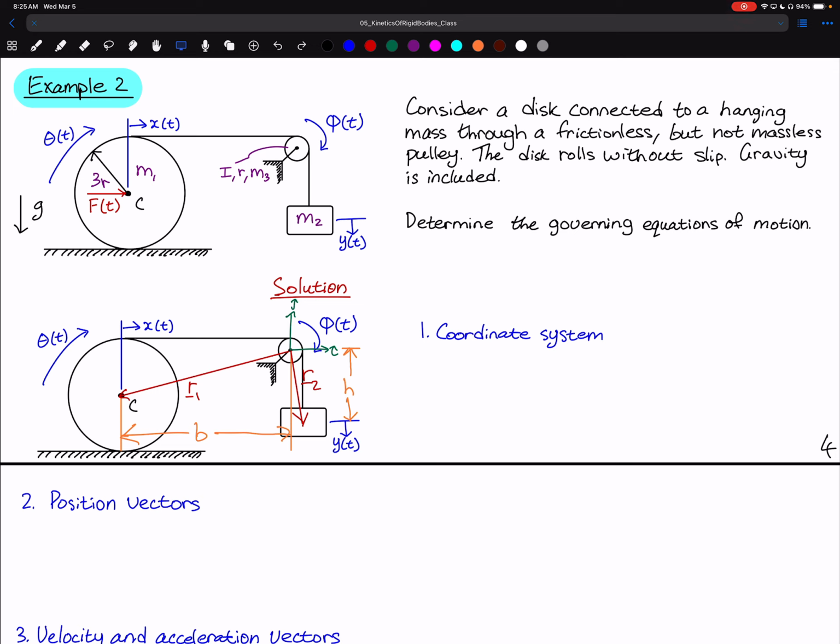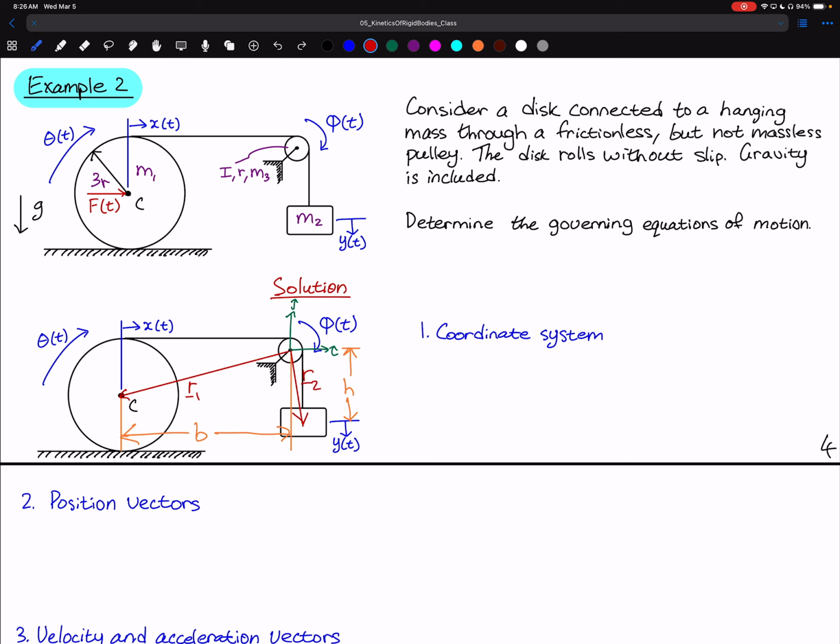That's what we're going to end up doing. What we'll end up having to realize is that the rotation of this pulley will be related to the displacement x of t and the displacement y of t through a kinematic constraint. But we will have to account for the inertia of that pulley.